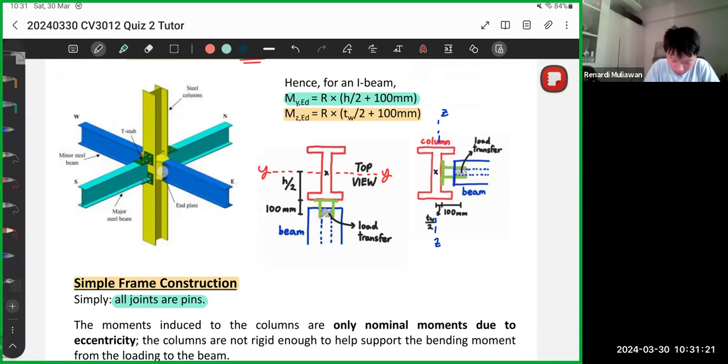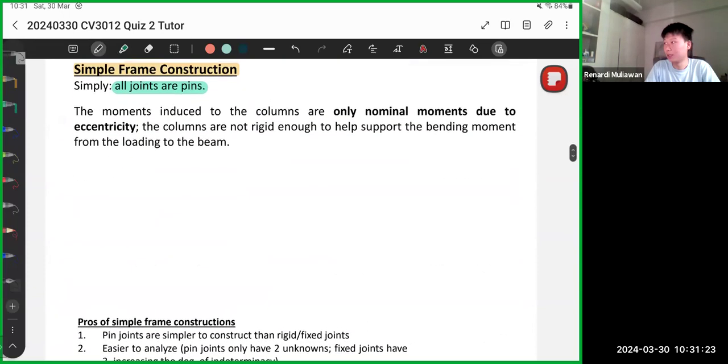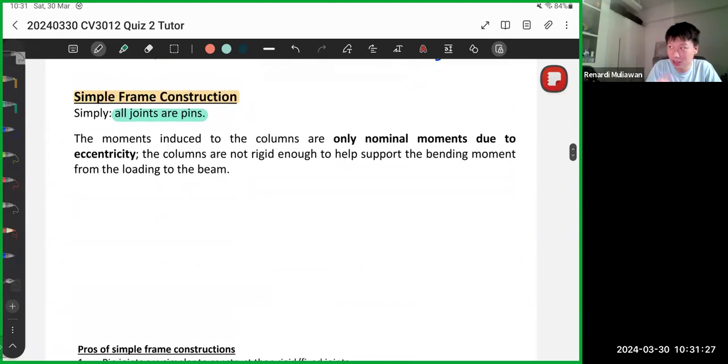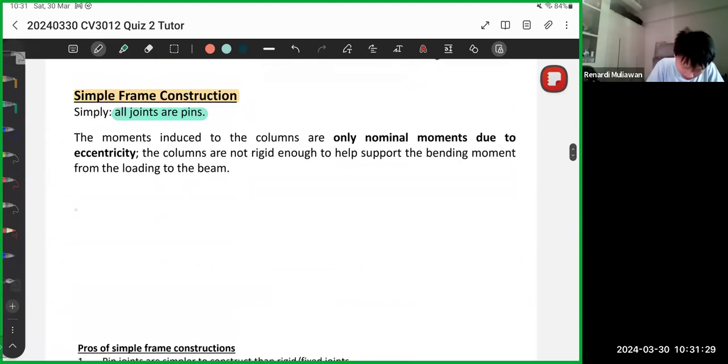So this implies something. Let me give you two cases. One is a fixed beam like this. The other one is a simply supported beam.